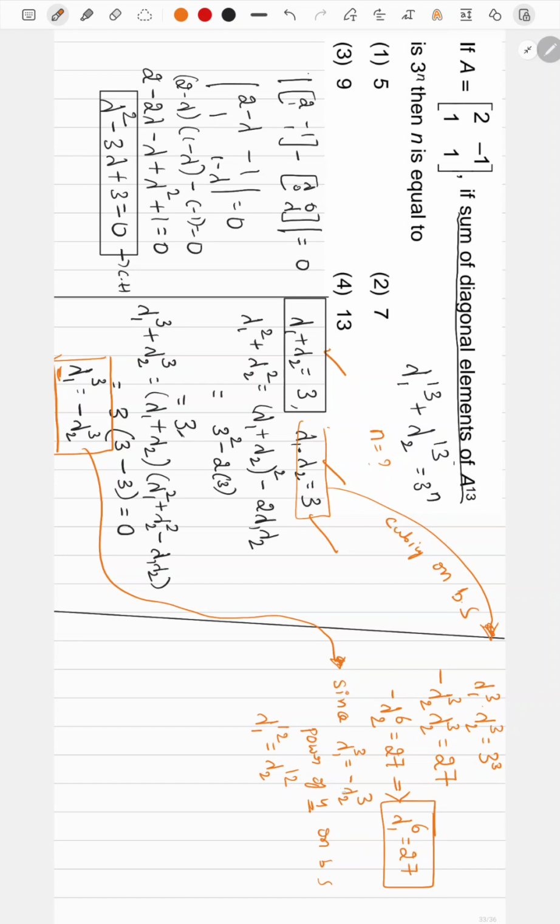So minus of lambda 2 whole cube whole power 4 is positive. This is one more result which will help us to find lambda 1 power 13 plus lambda 2 power 13, which is equal to 3 power n.